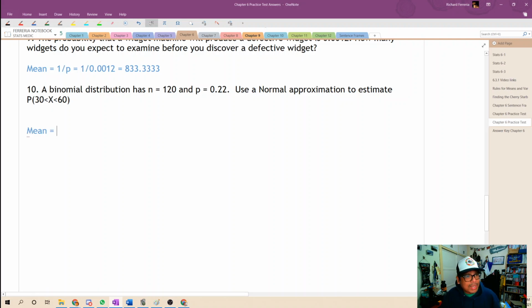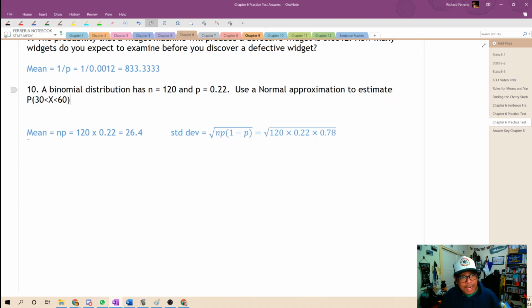The first thing we need is a mean, and the mean is n times p, which is 120 multiplied by 0.22, or just 26.4. The next thing we need is a standard deviation, which is the square root of np multiplied by 1 minus p, which is going to be 120 multiplied by 0.22 multiplied by 0.78, which is 4.54.